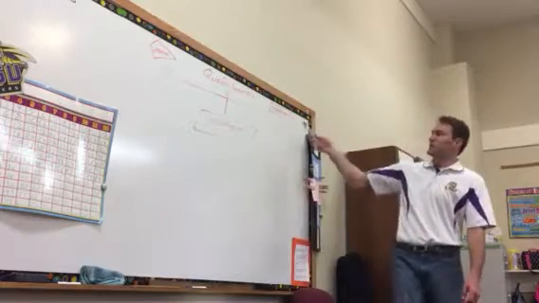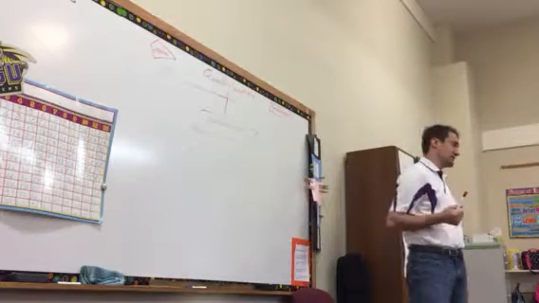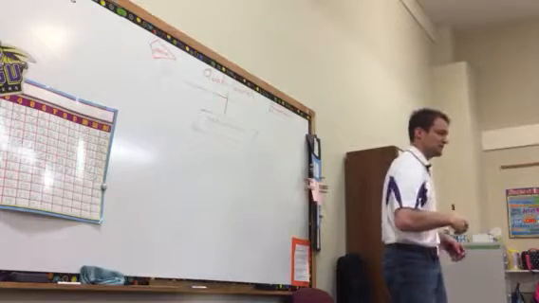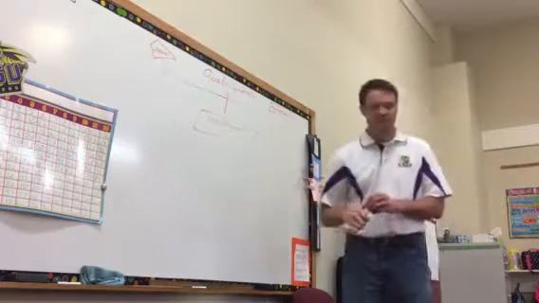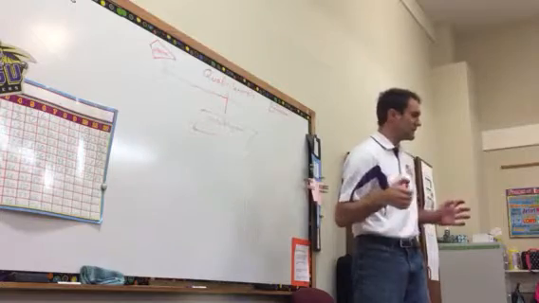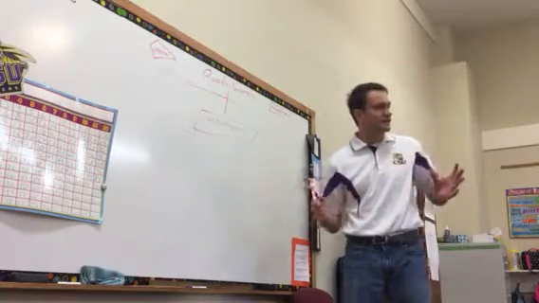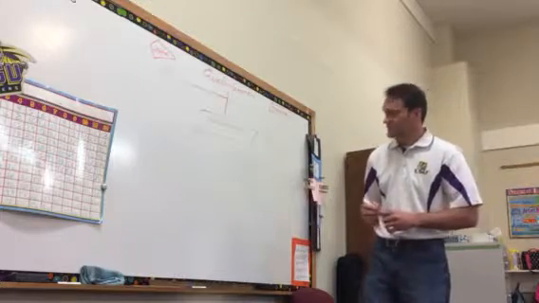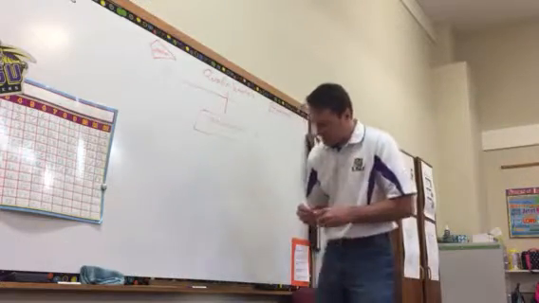The trapezoid has one pair of parallel lines, and the parallelogram has two pairs of parallel lines in it. Shapes are getting a lot more complicated than we thought, aren't they? It used to just be squares and circles and rectangles. Now it's getting a little more complicated, but y'all can get this.